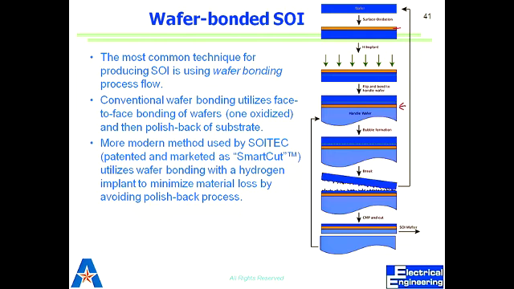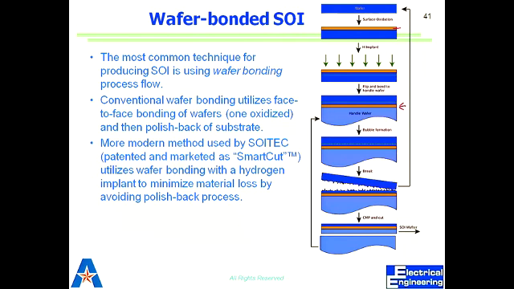You can use the bulk again in that process to do oxidation, bonding on top, and so on. This is called smart cut technology or SOITEC technology.